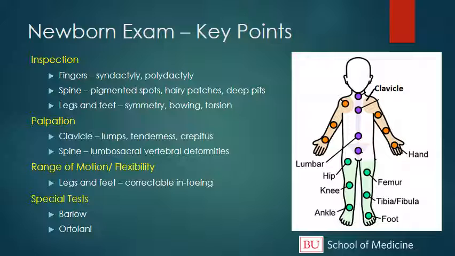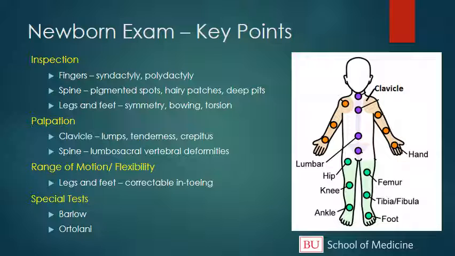And finally, some key points to review the newborn musculoskeletal exam. Overall, I think the best way to think of this is examining the musculoskeletal system from the head down. First with inspection, looking at fingers for syndactyly or polydactyly, also looking at the spine for pigmented spots, hairy patches, or deep pits, and the legs and feet for symmetry, bowing, or torsion.